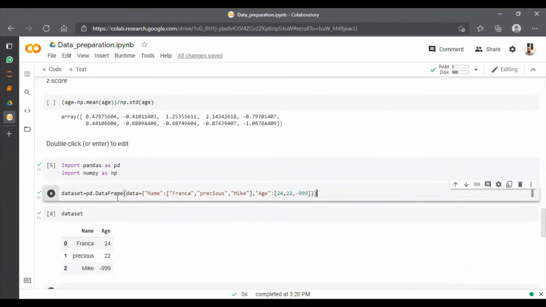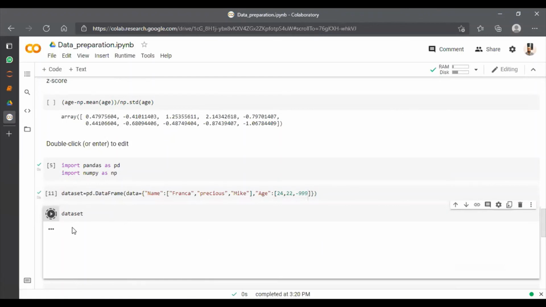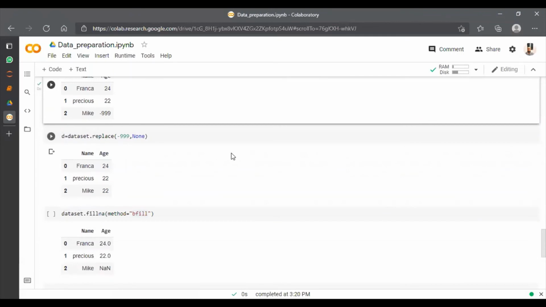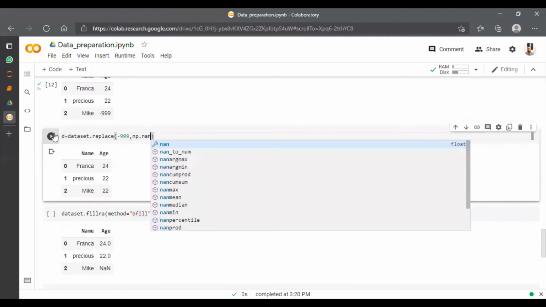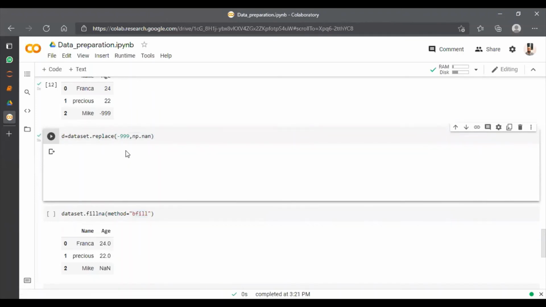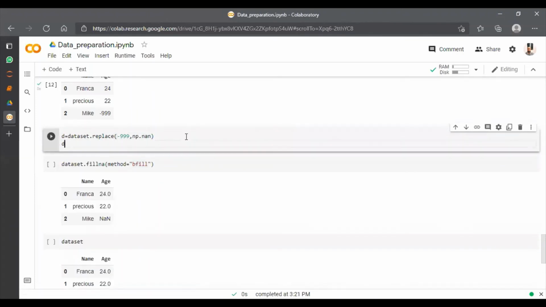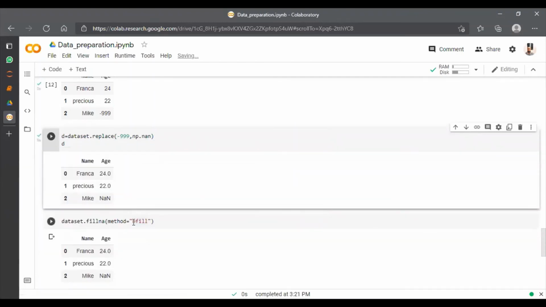If you look at this line, we read our dataset and filled it as minus 99. So in this line, I'm trying to replace minus 99 with none. Okay, let me try to replace it with none. Let's see if it's going to work with none. Okay, it works with none.